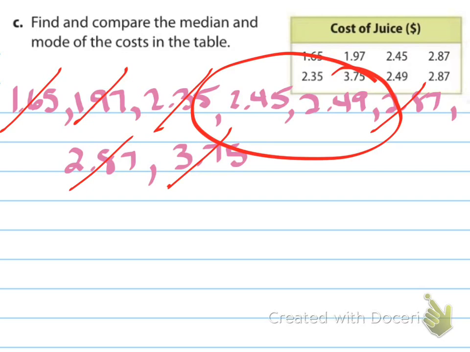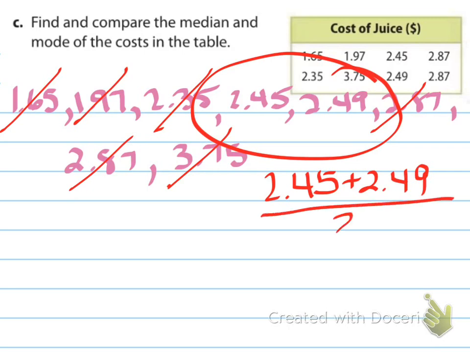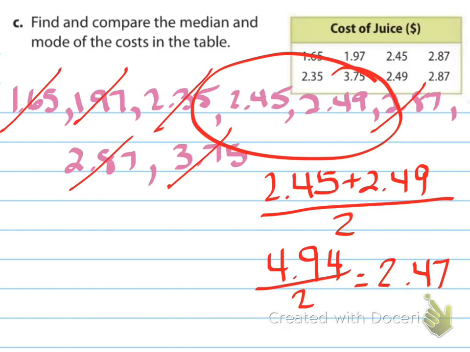But the way that we can figure it out for sure is by taking these two numbers, adding them up, and then divide by 2. So we're going to have, let's see, 494, and divide that by 2, and that's going to be $2.47 is the median, which makes sense that 47 would be in the middle of 45 and 49, right?